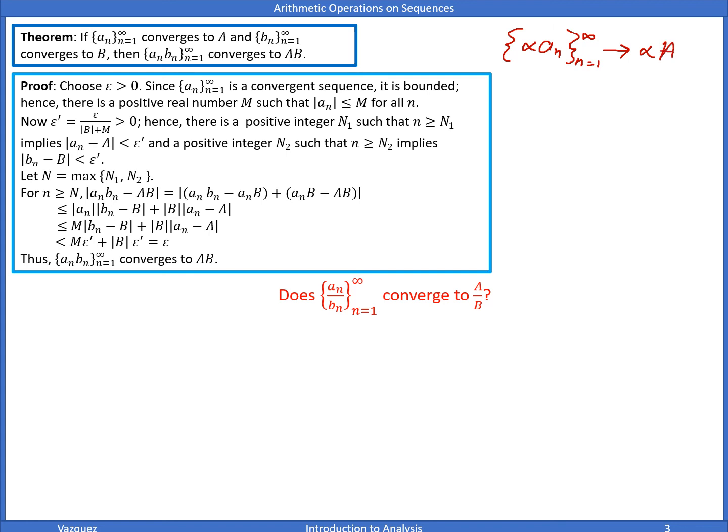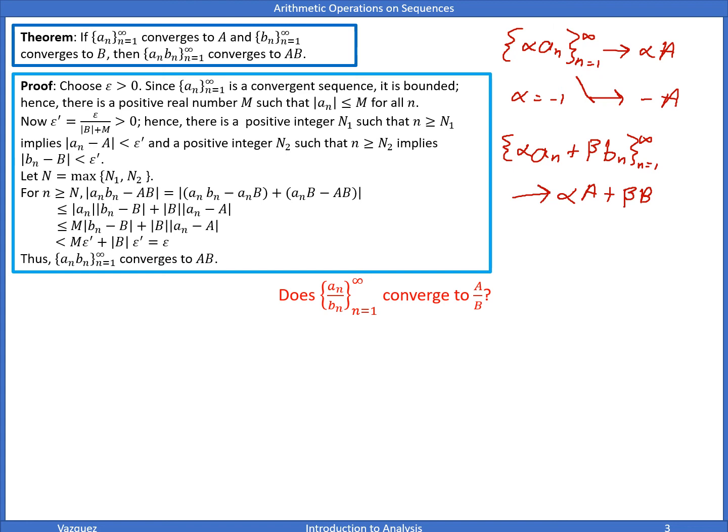To alpha times a, right? Or if we had alpha as -1, sorry, I forgot to mention, alpha is a constant, right? So if alpha was equal to -1, then this sequence would actually converge to -a. We could even do something like alpha times an plus beta, where beta is also a constant, times bn. This would actually also, I'm going to write it down here, converge to alpha times a plus beta times b.